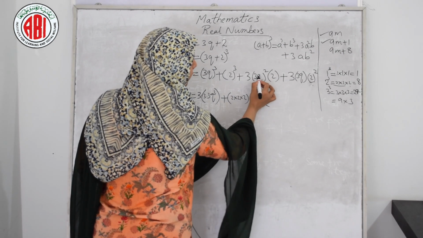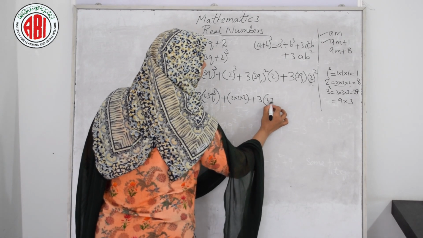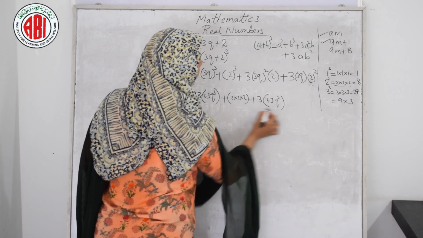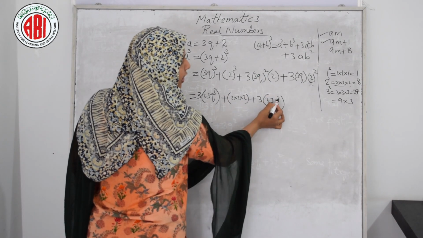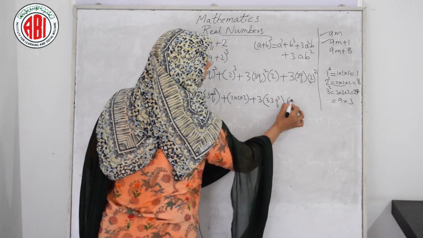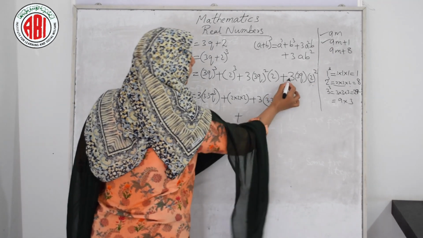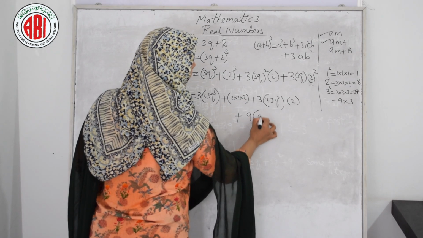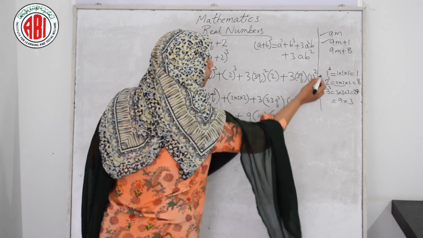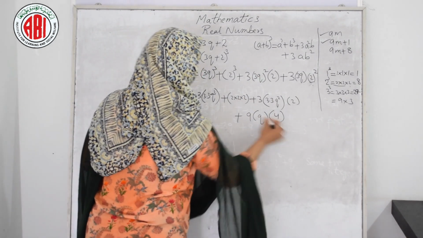Square is applied for both 3 and q, that is 3 into 3 square q square; 3 square as 3 into 3, q square as it is, into 2, plus 3 into 3q into 2 square, which is 3 into 3, 9, q into 2 square. 2 square means 2 into 2, 4.